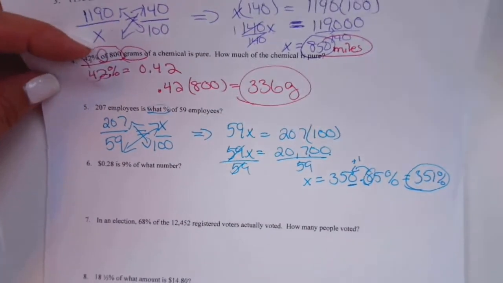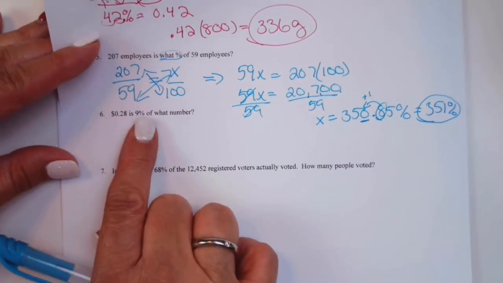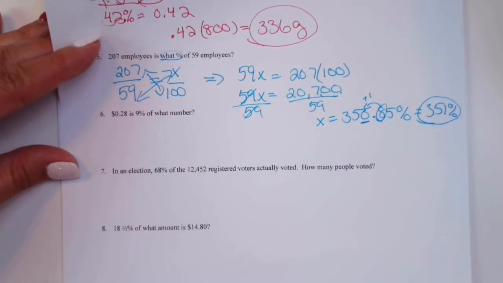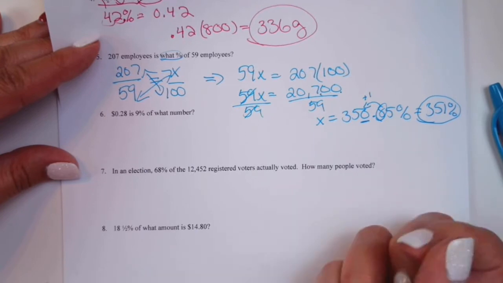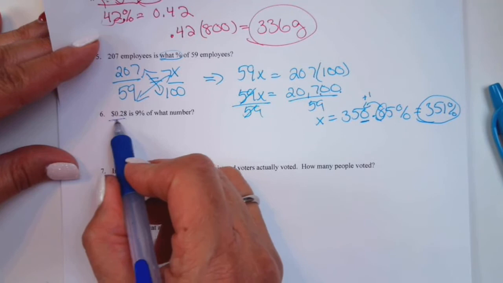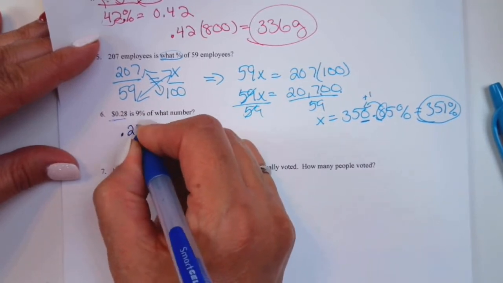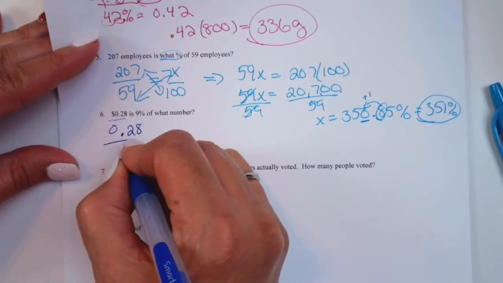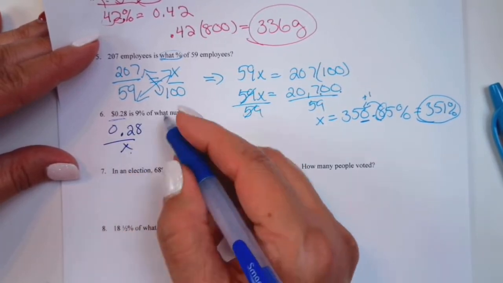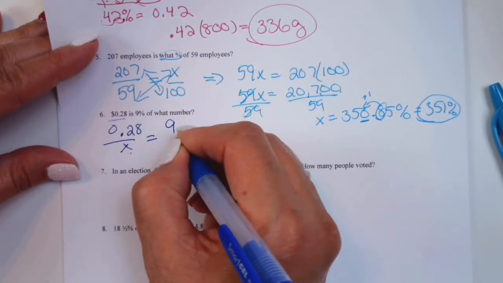Okay, next, number 6. So 28 cents is 9% of what number? So this is going to be our part. So 28 cents of what number? We don't know the whole, so we're going to mark it as X. 9%, we know the percentage, that's 9 over 100.